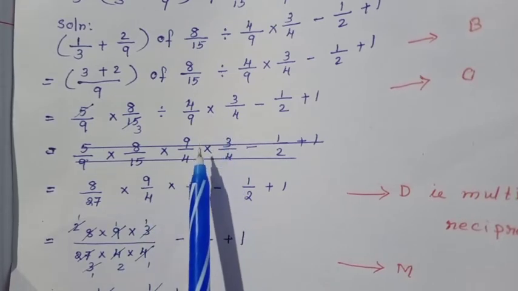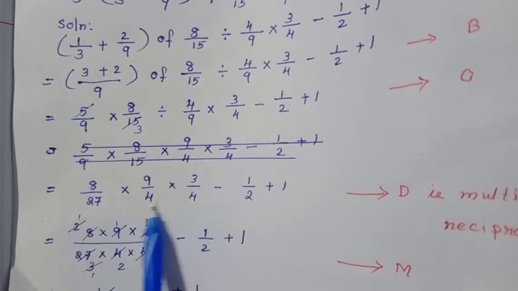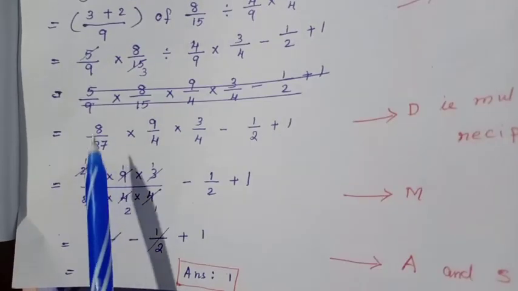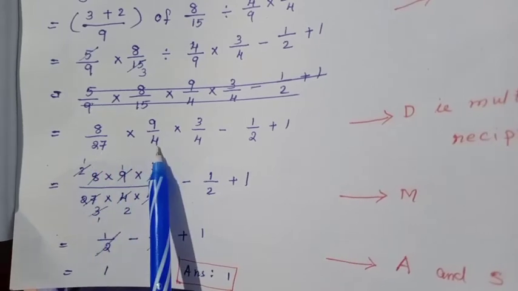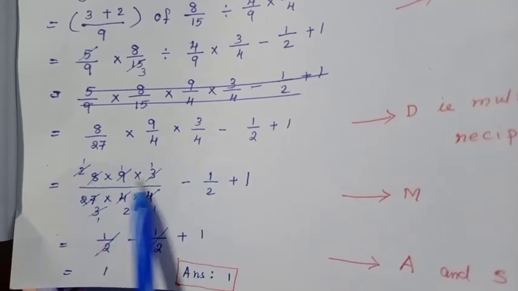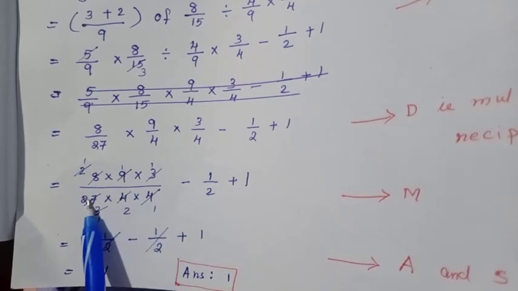Then the next step, M is selected, so multiplication. These three numbers are in multiplication only, so writing 8 into 9 into 3, denominator 27 into 4 into 4. Maximum we can cancel here: 9 and 27 dividing, that's 3 times.